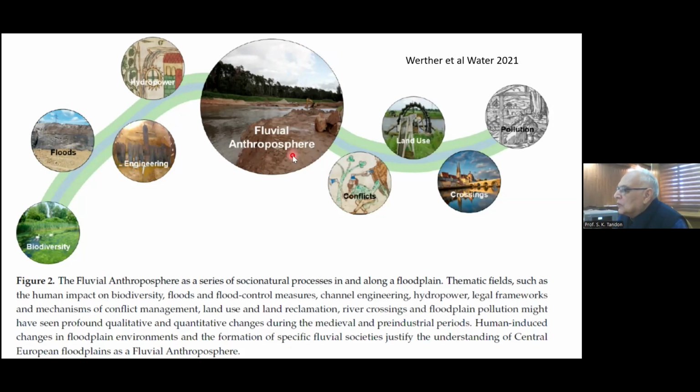And the fluvial anthroposphere is the most sought after resource by human societies. It leads to conflicts, multiple land uses, problems in terms of crossings, and issues of pollution. And in a country like India, we don't need to be told about these things. We feel and see these things all the time.